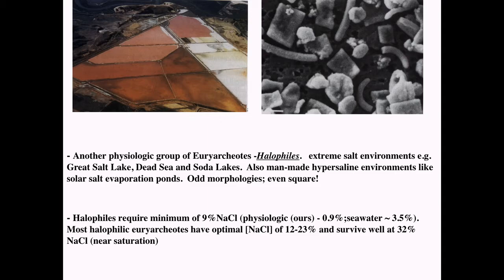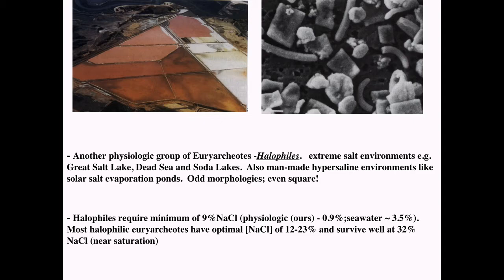But back to archaea. Now, we're going to move out of the methanogenic archaea, members of that Euryarchaeota phylum, and we're going to talk about members of another part of the same phylum. These are archaea that love high salt concentrations.